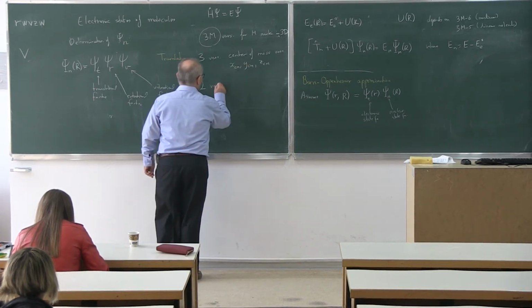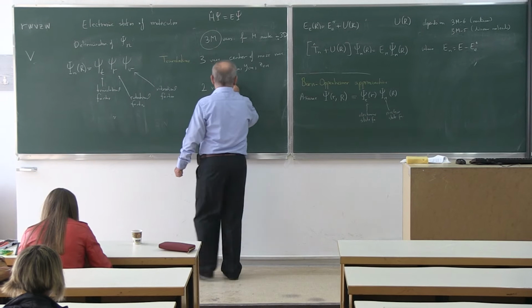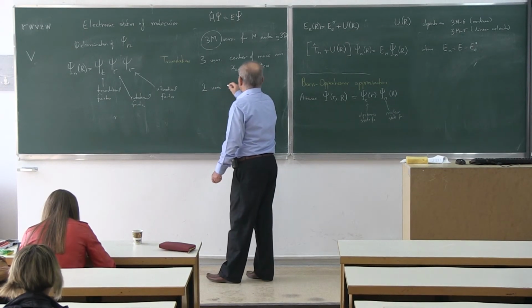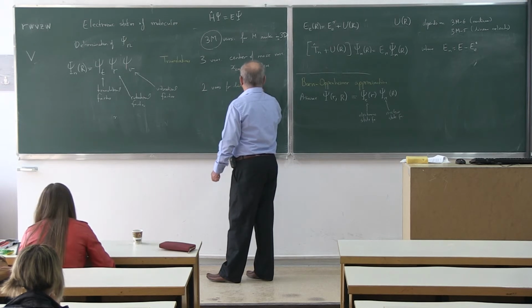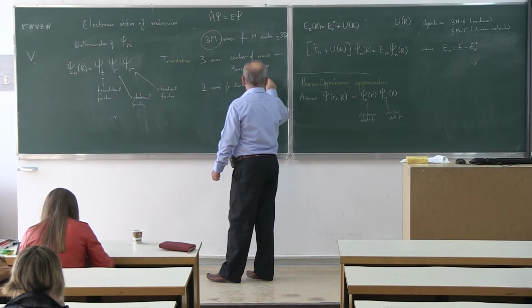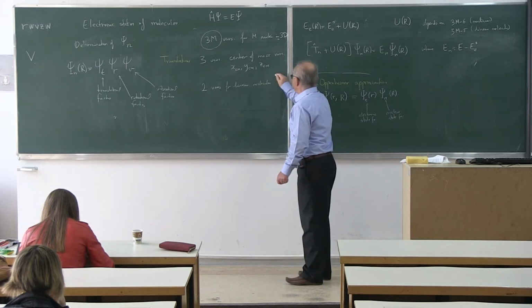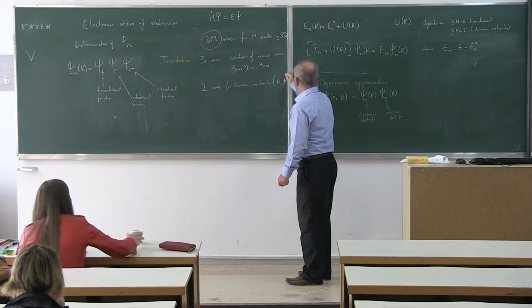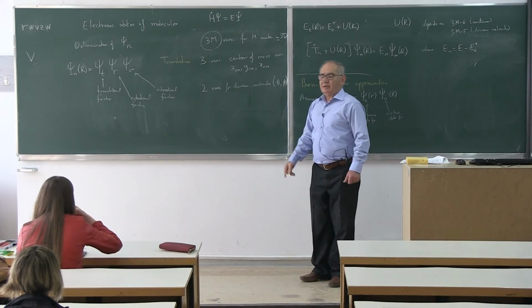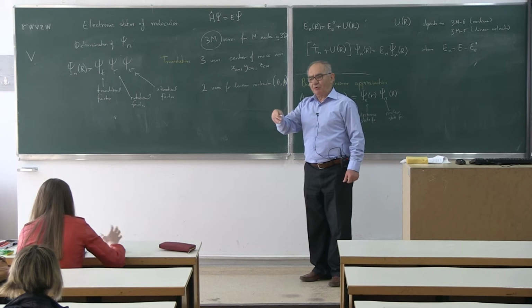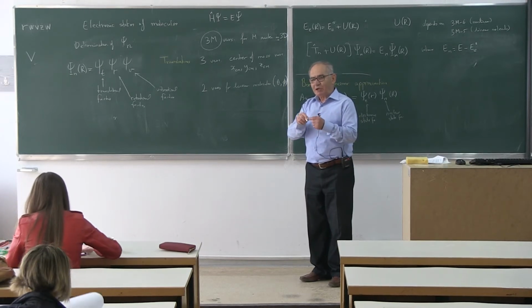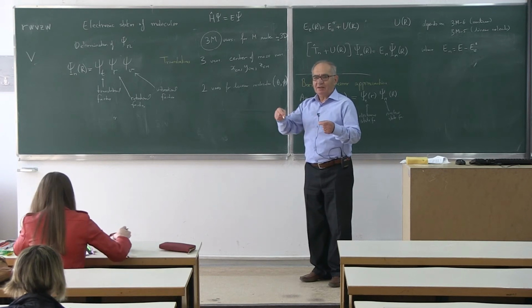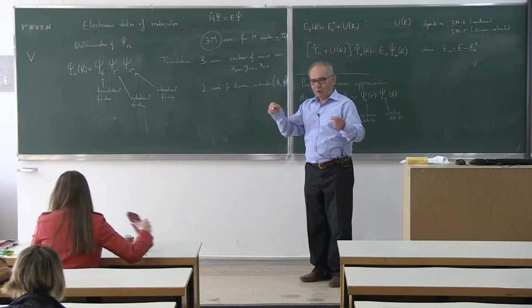Two variables for linear molecules. These are the theta and phi variables that we have used before to describe the motion of a diatomic molecule. Remember, a diatomic molecule is a special type of linear molecule.